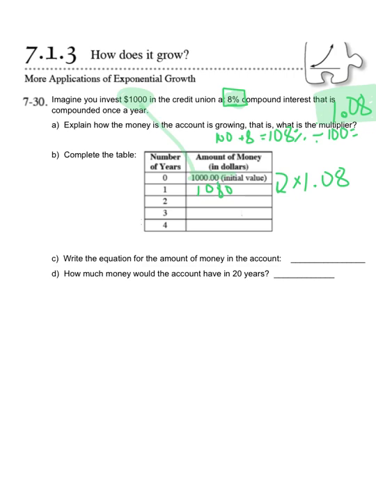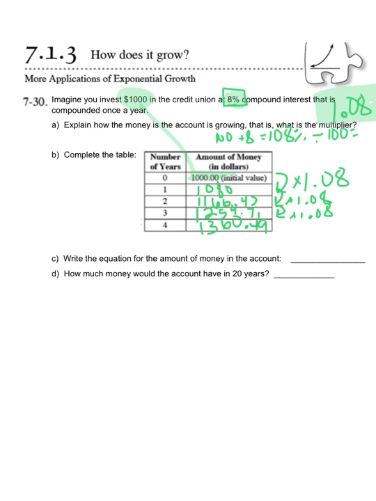And then to continue the pattern, I multiply again by 1.08. And the next year, there would be 1,166.40. And if we multiply again by 1.08 and again by 1.08, we can get all the dollars year after year as the interest grows, or the money in the account grows.